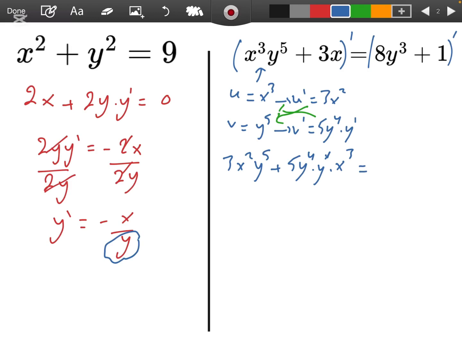The other side, the derivative of 8y^3 is 24y squared times y prime plus the derivative of 1 is 0. So I'm going to get y prime to one side. I'm going to move 3x squared y^5 to the other side and bring 24y squared y prime to this side.